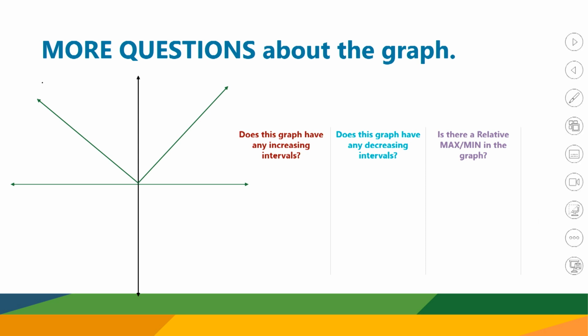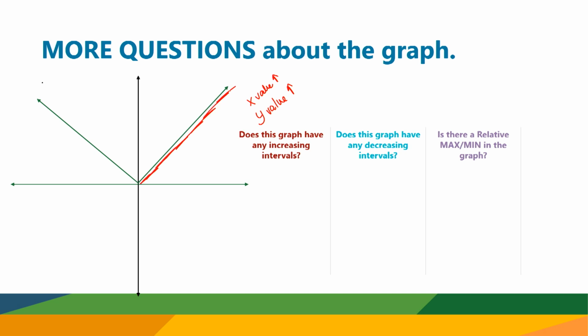So again, I have an absolute value graph, but now it says, does this graph have any increasing intervals? Now remember, my increasing intervals is when my y values get bigger and my x values are also getting bigger. So I would say this is where I have those increasing intervals.